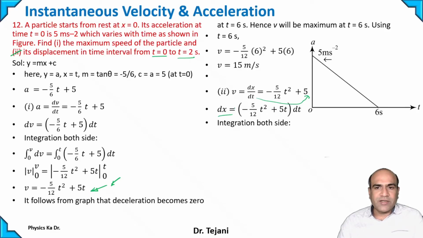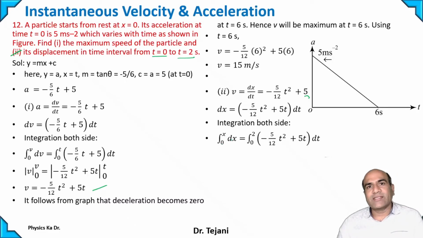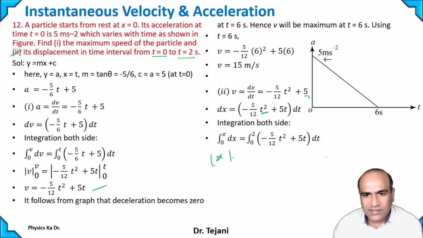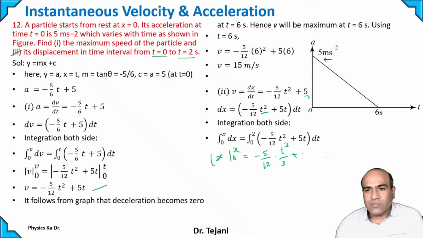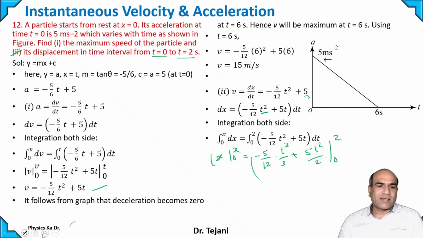Let us take integration on both sides. So we get integral of dx from 0 to x is equal to integral from 0 to 2 of this equation. So x is equal to minus 5 by 12 t power 3 divided by 3 plus 5t square divided by 2, from 0 to 2. Let's check it.